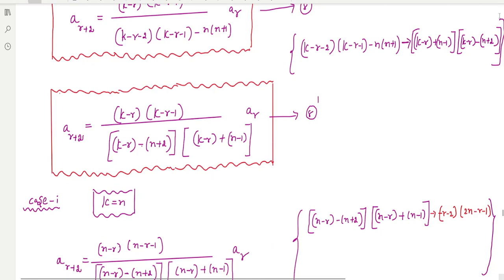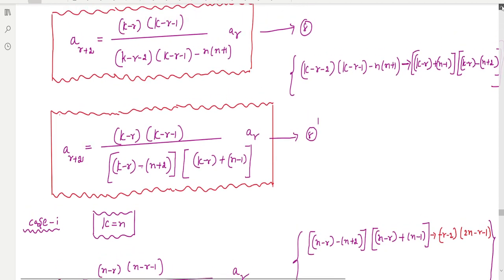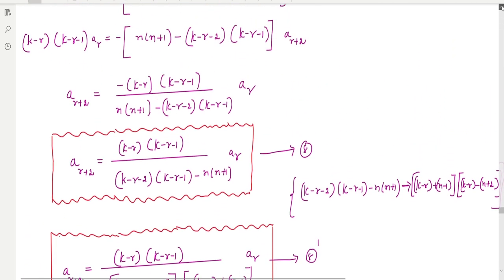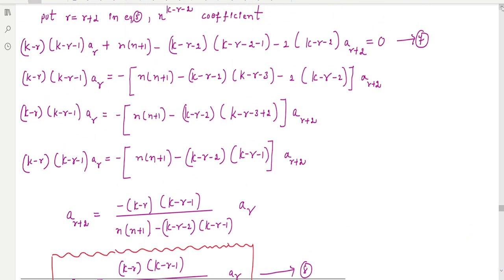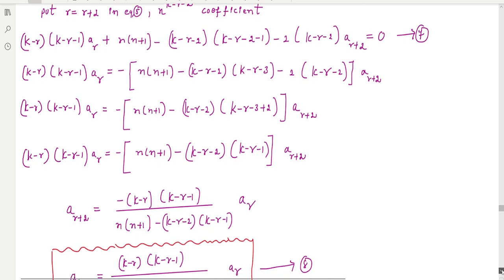If you want to go clearly, let's go one more time here. This is our seventh equation. If you solve this seventh equation, then you will get this final equation.